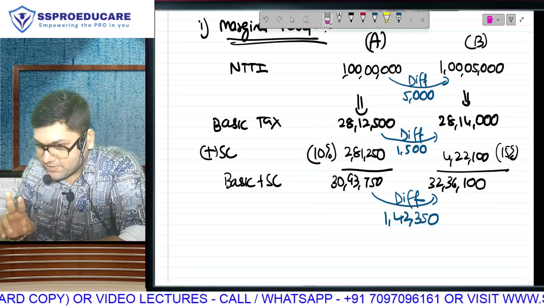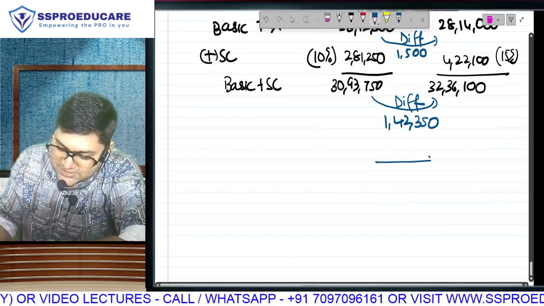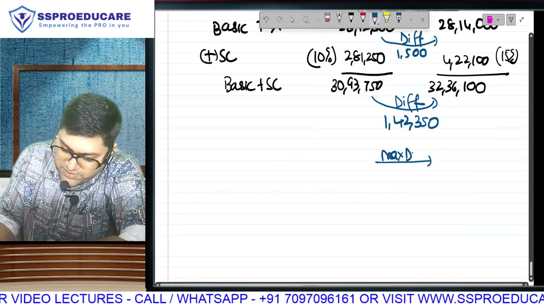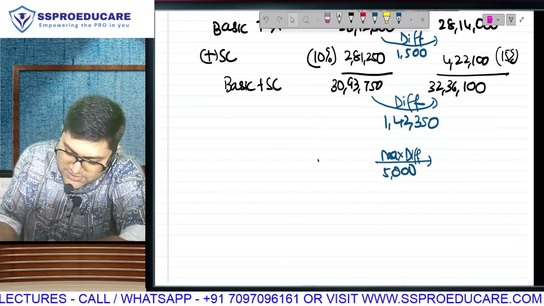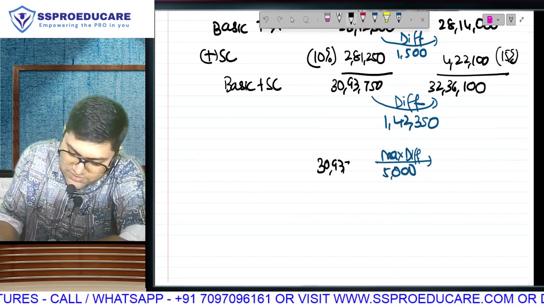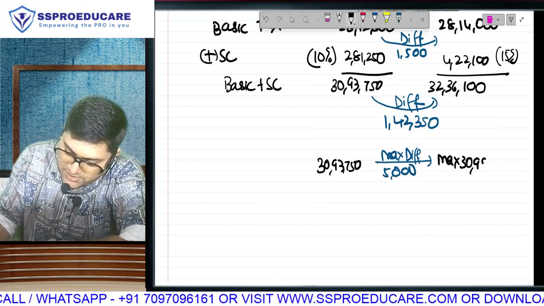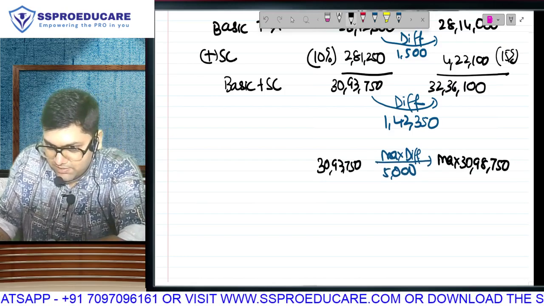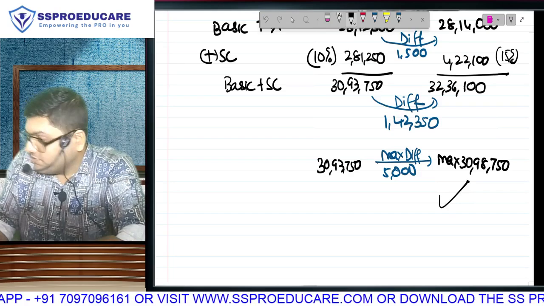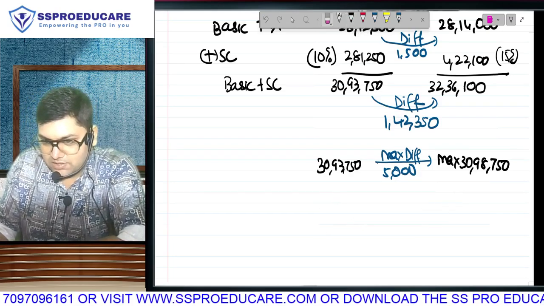What is the difference in income? 5,000. So the maximum difference in tax can also be 5,000. If this amount is 30,93,750, so this amount will be maximum 30,98,750. You understand? B ka income exceeds by rupees 5,000. So B ka tax can exceed by rupees 5,000 only.